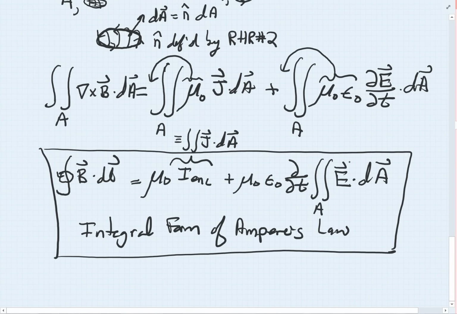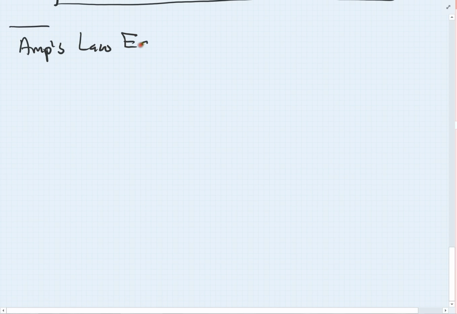Let's now try an example of how we would actually apply this particular law. And for our first example of Ampere's law, we're going to choose our favorite example. So our example number 1 is going to be, once again, the infinite wire, done now a third different way.